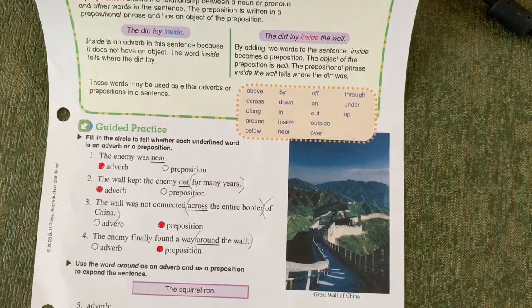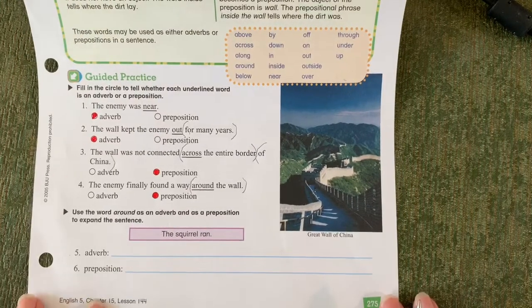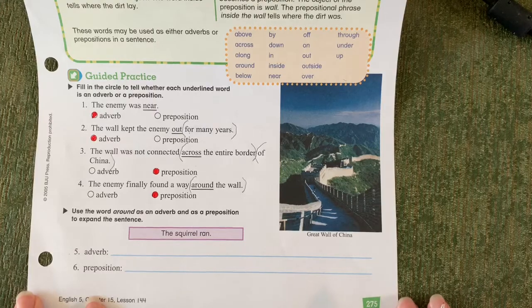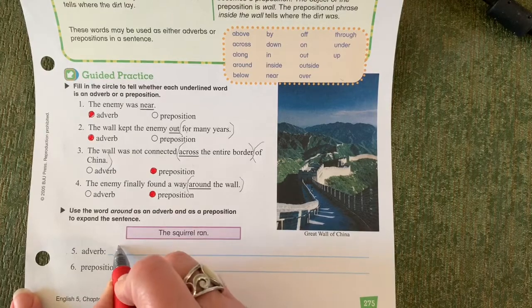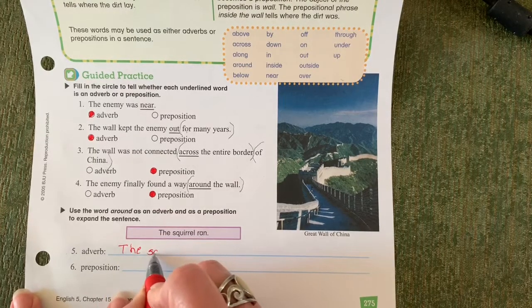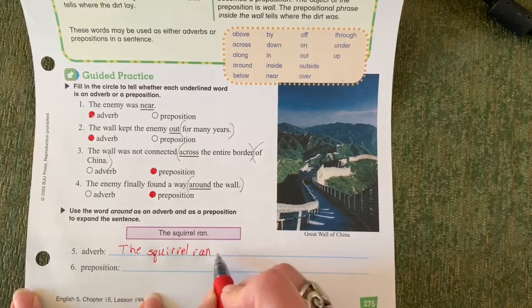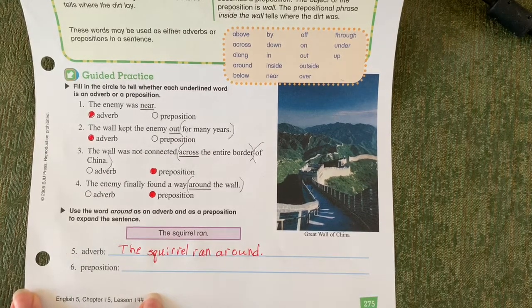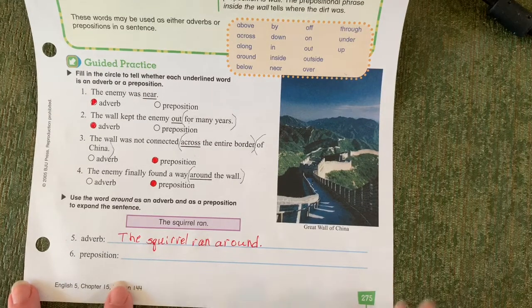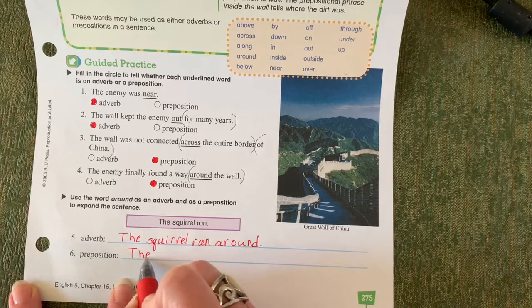All right, number 5 says use the word around as an adverb and as a preposition to expand the sentence. So it says the squirrel ran. So if we want to use it as an adverb, we can just say the squirrel ran around. Okay, that's just telling us where the squirrel ran. So that's an adverb. As a preposition, we can say the squirrel ran around something.